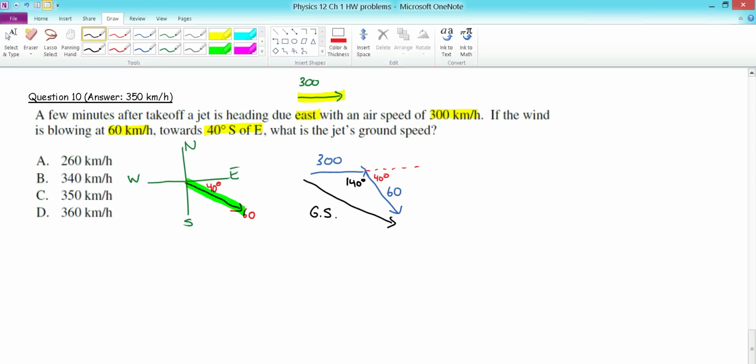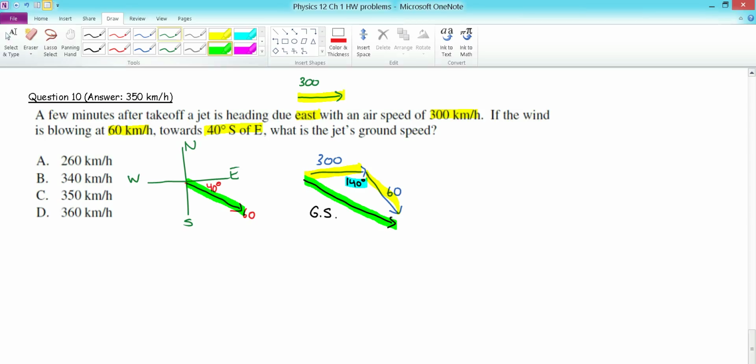And that's simply 90 degrees plus 50 degrees. We're going to erase that now. All right, so there it is. I have a triangle. One side is 300, the other side is 60, and my known angle is 140 degrees, and I want to find the magnitude of this vector right there.